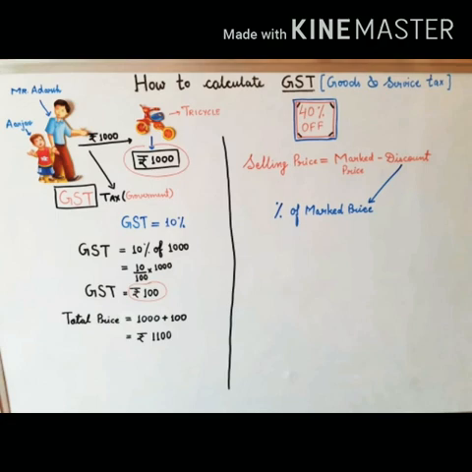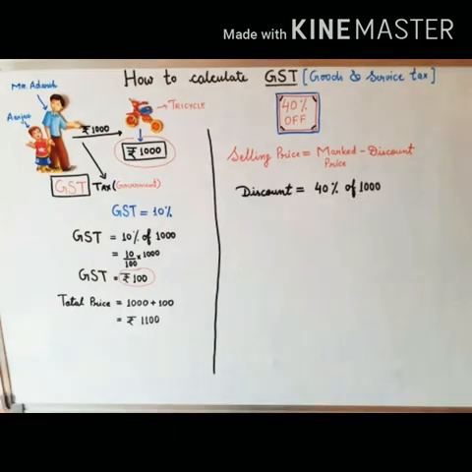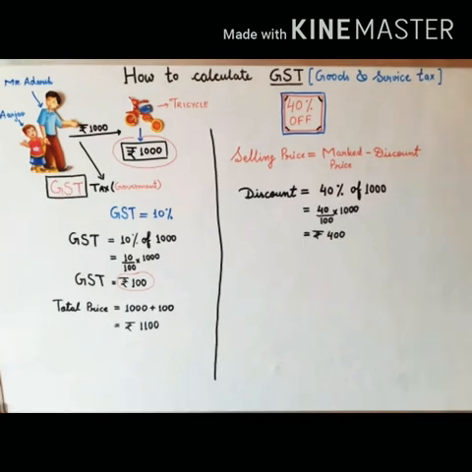Now first let us calculate the selling price after the discount. Remember, the discount is always a percent of the marked price. So the discount in rupees will be 40% of 1000, that is 40% of the marked price, which equals rupees 400, and this will be the discount on the tricycle.